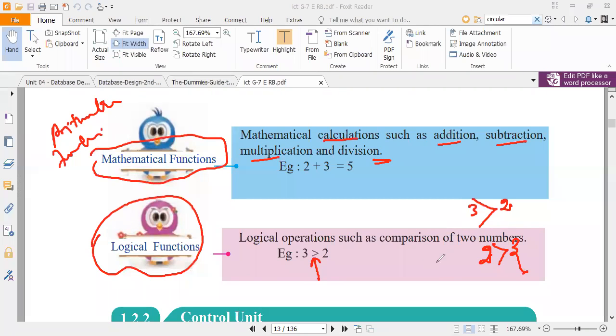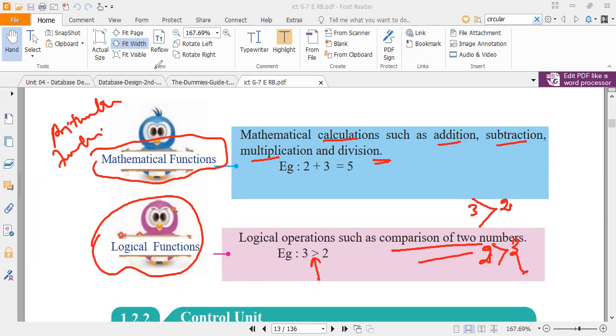So the logical operation is the comparison of two numbers. These two important functions are taken care of by the component called the arithmetic and logic unit, ALU.